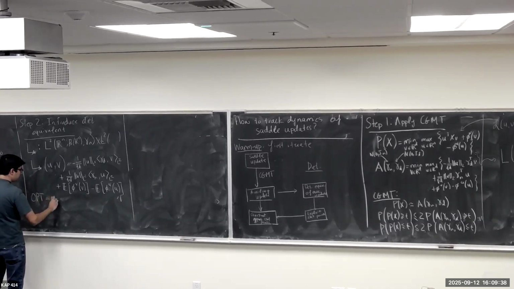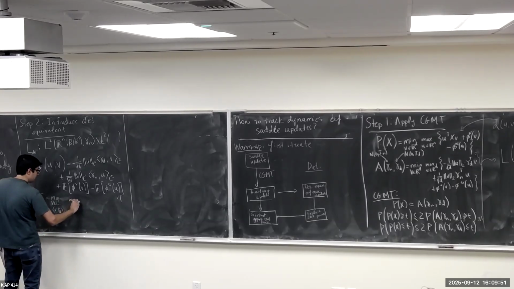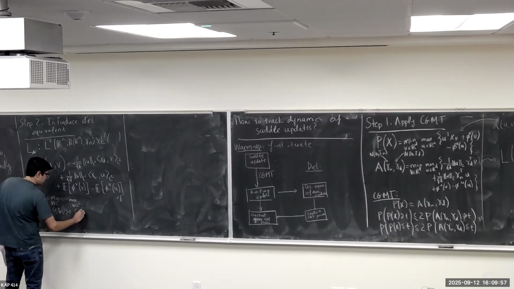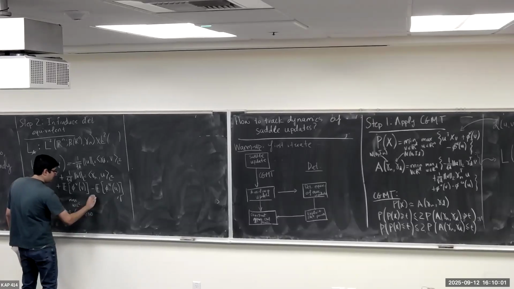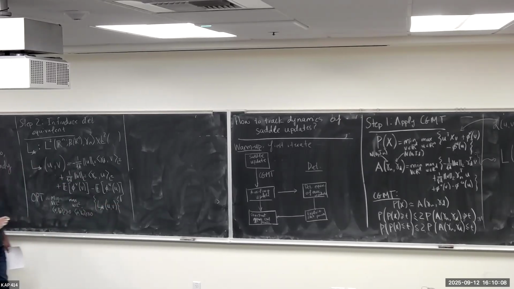This is the minimum over V in L2 such that the inner product of V and gamma D is positive, of the max over U in L2 such that the inner product of U and gamma N in L2 is non-negative, of the deterministic objective L star of U, V.